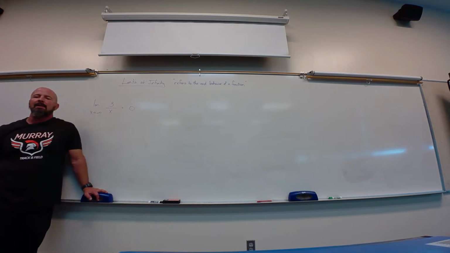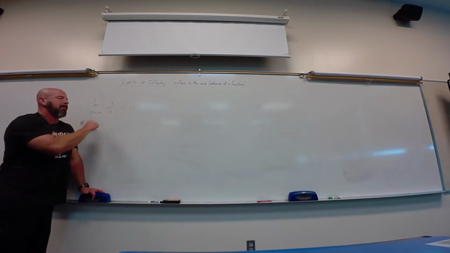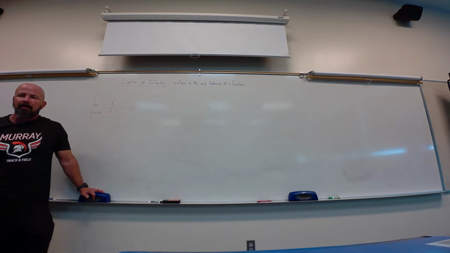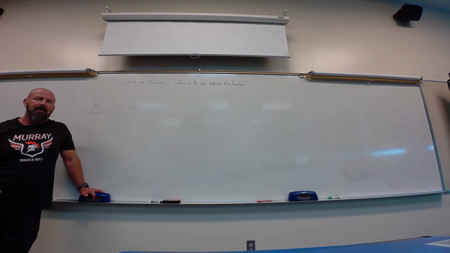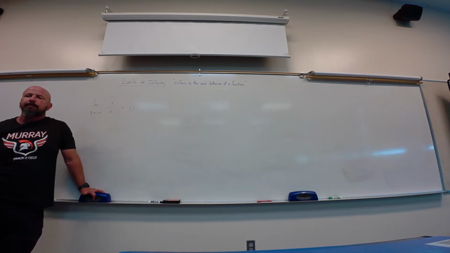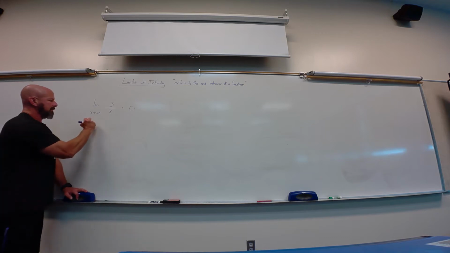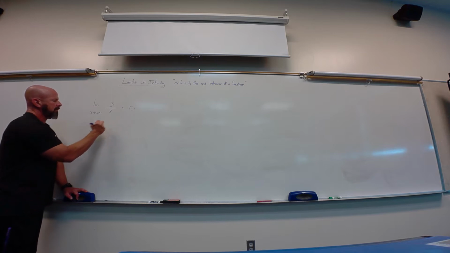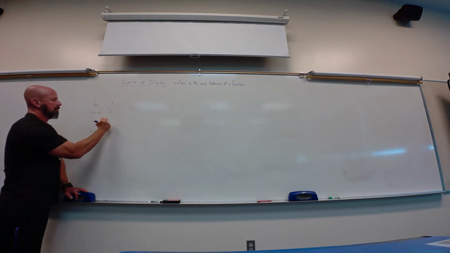Again, infinity, large number. Think about 3 divided by 100, 3 divided by 1,000, 3 divided by 10,000, 100,000. That's just going to get closer and closer to 0. Well, let's look at something like this. Maybe change it a little bit. Use your thoughts on this. Let's say instead of 3, let's go 5,000 over x.